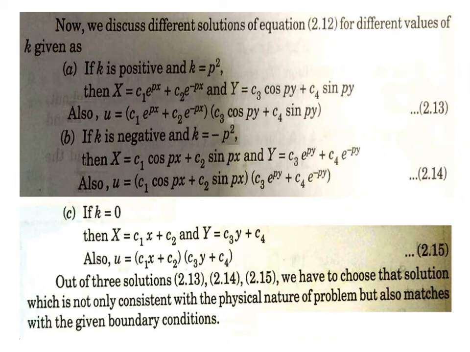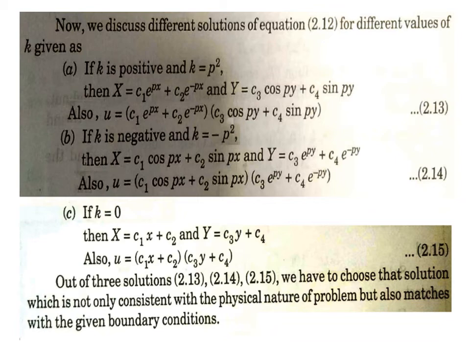Let us compare the three cases we have discussed till now. In case of the one-dimensional wave equation, for the negative choice of k, that is k equals minus p square, we obtained a trigonometrical solution with sine and cosine, and we said that it matches the physical condition of the problem, that is the wave equation.